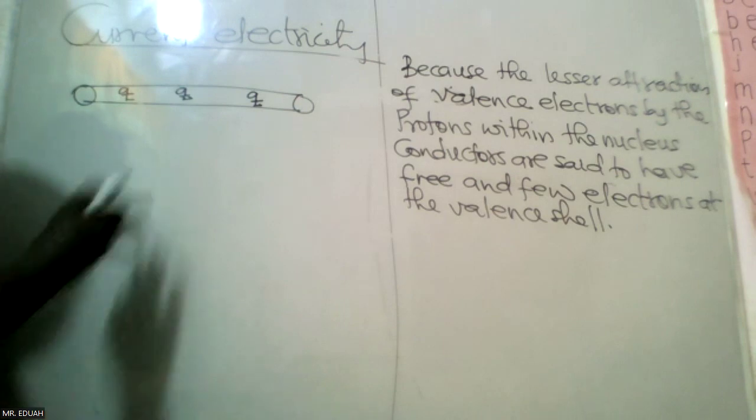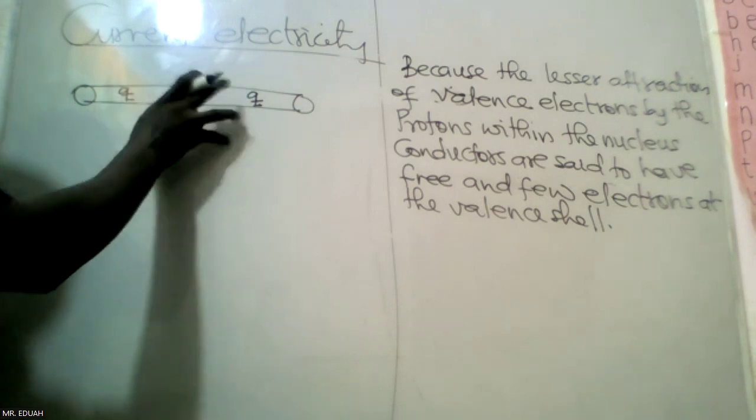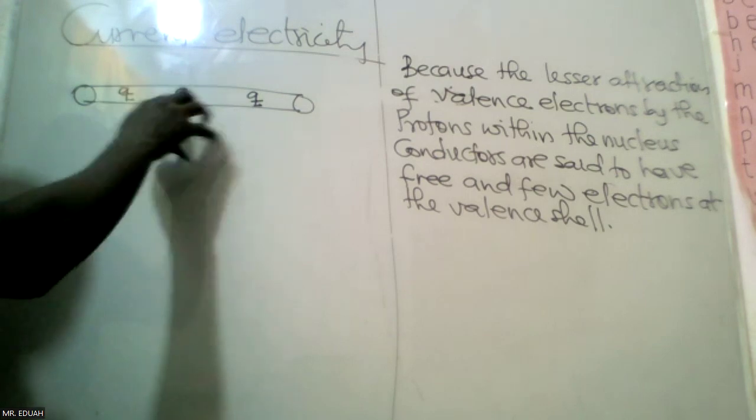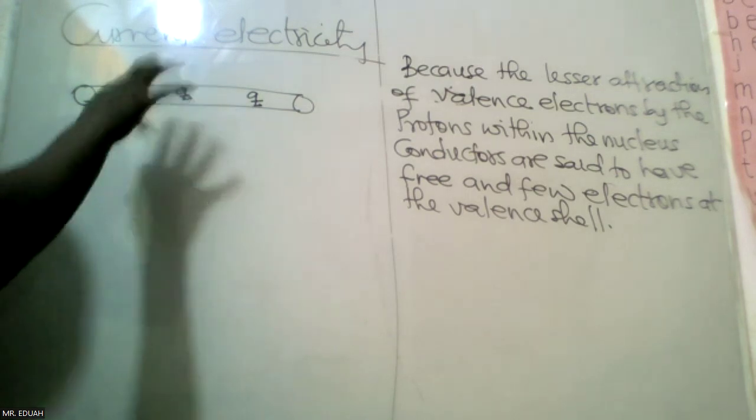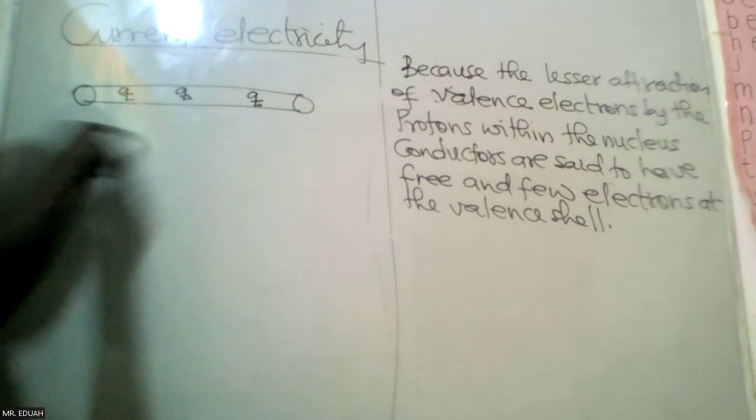At room temperature, these electrons move randomly within the conductor.